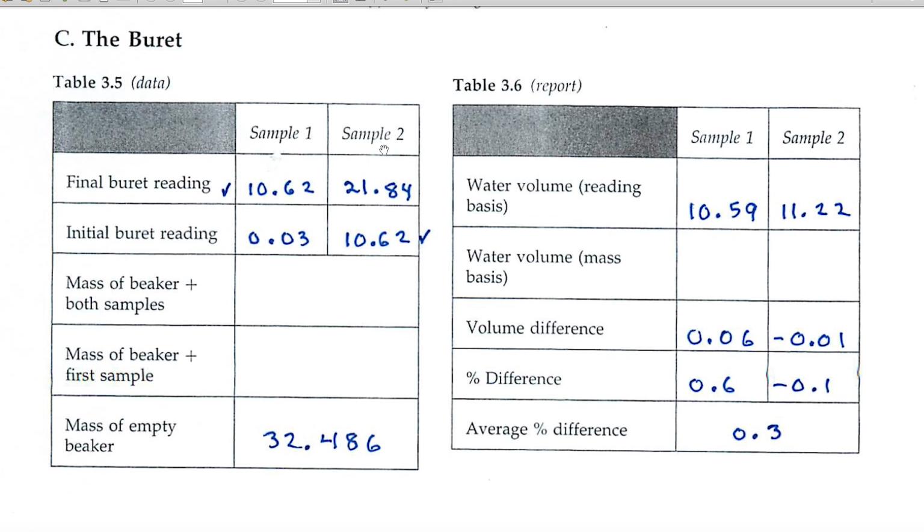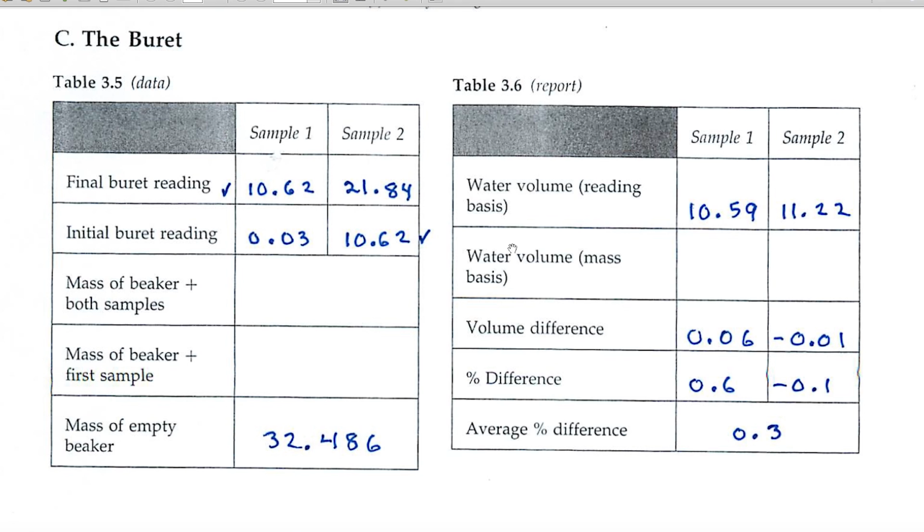test the accuracy of our volumetric ware by weighing the water sample. And again, as you look at the photos for the weights, you can interpret those photos to the thousandth. So be sure that in these 3 blanks you record to the thousandth.